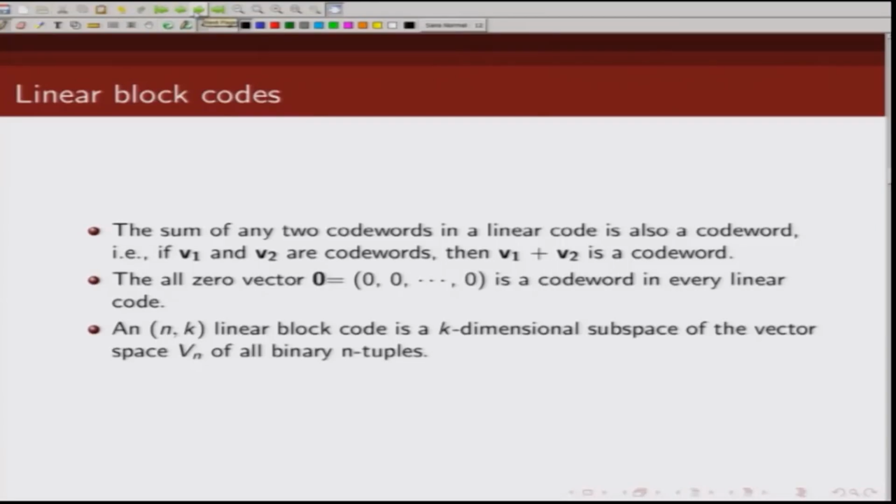So, we can define an (n,k) linear block code as a k dimensional subspace of the vector space Vn of all binary n tuples.